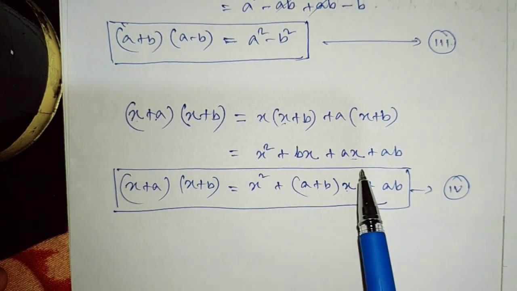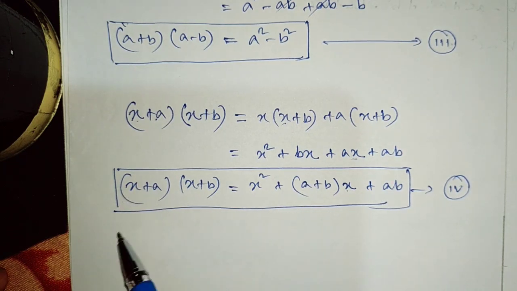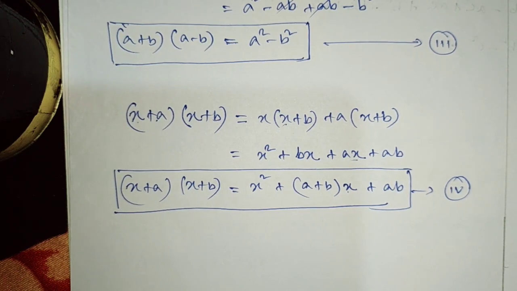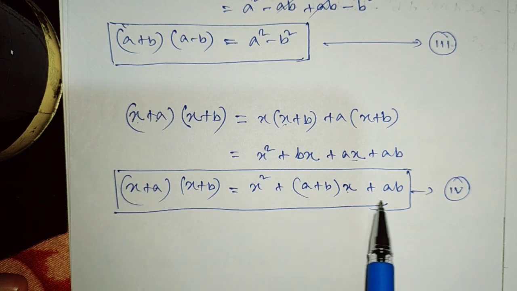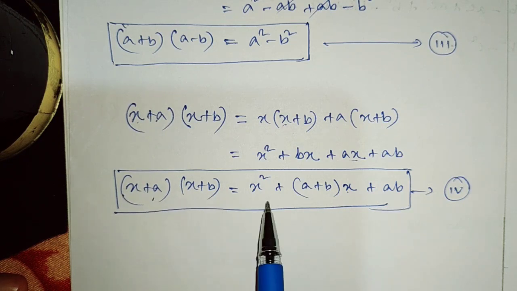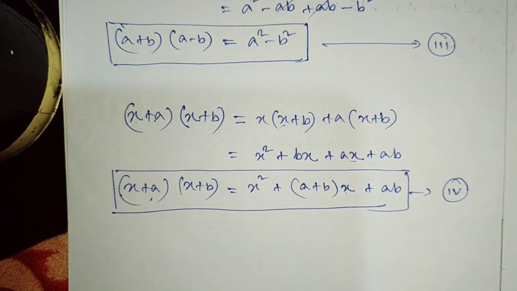Okay, this is very easy. You will be able to derive some easier identities. But the thing is, we have to remember this identity in general: x plus a into x plus b will be x square plus a plus b into x plus ab.